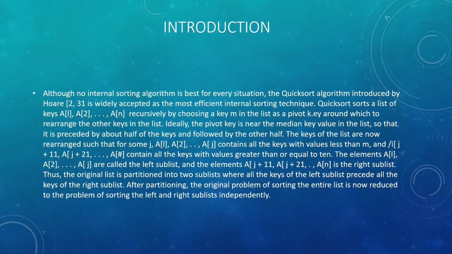Ideally, the pivot key is near the median key value in the list, so that it is preceded by about half of the keys and followed by the other half.